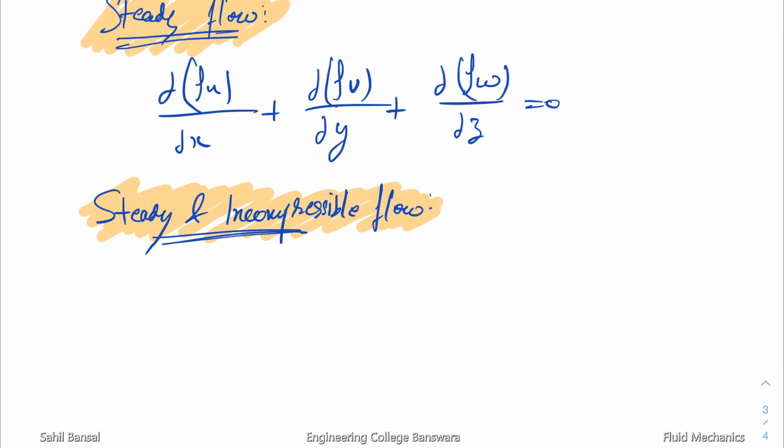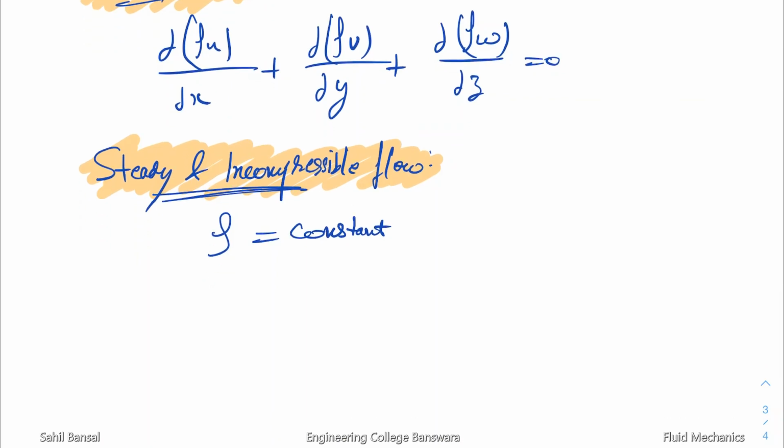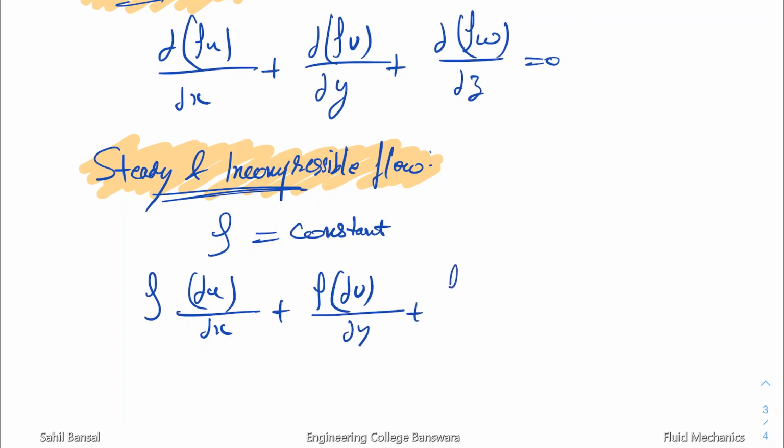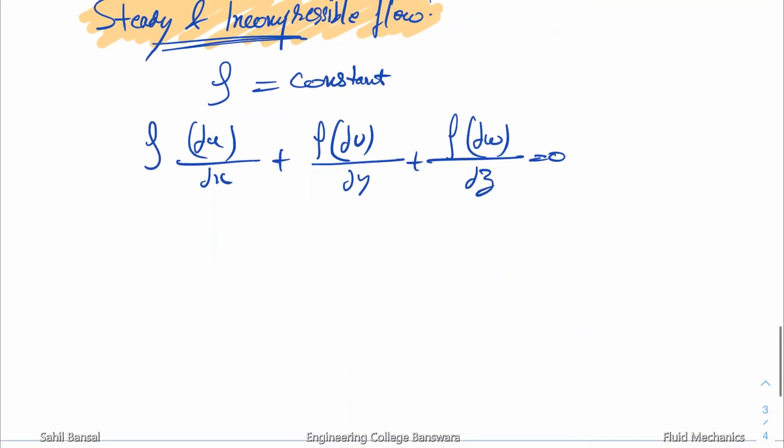Now if my flow is incompressible, that means my density is constant, so I can take the density outside of my equation. So how I can write it? I can write the equation as rho del u by del x plus rho del v by del y plus rho del w by del z equal to 0, right?